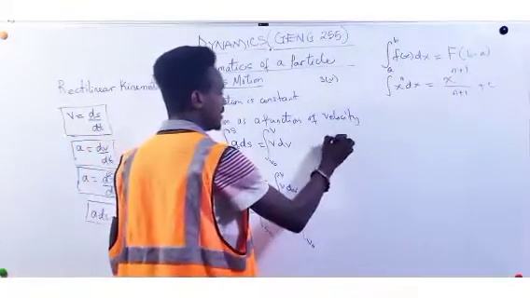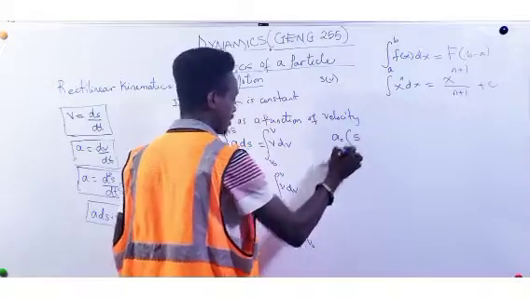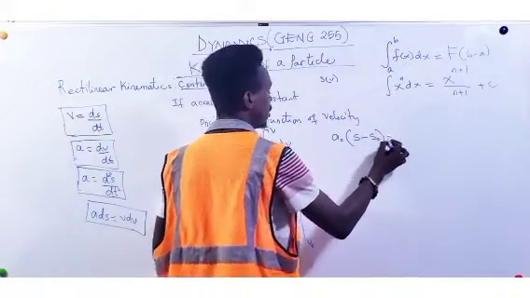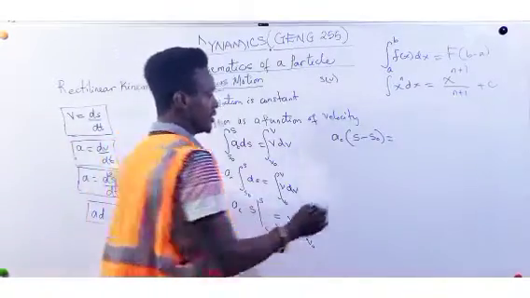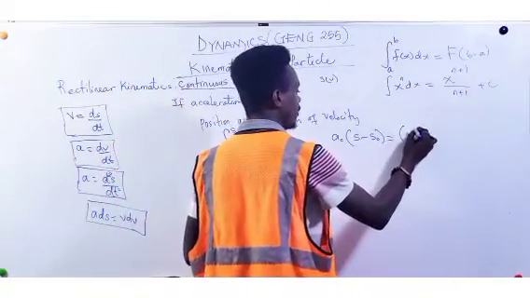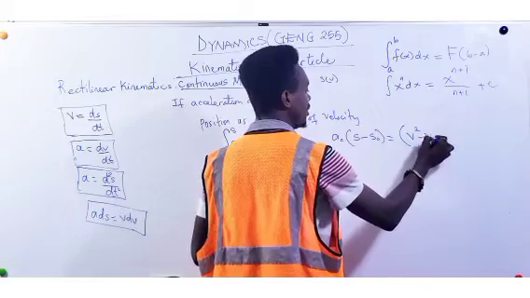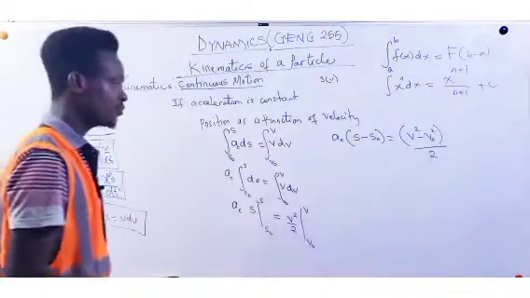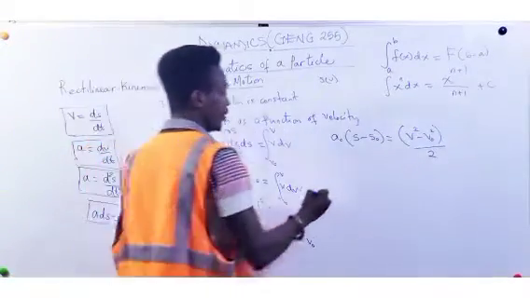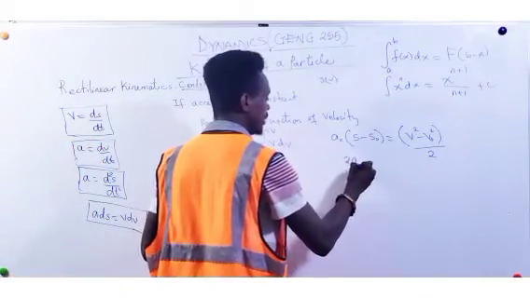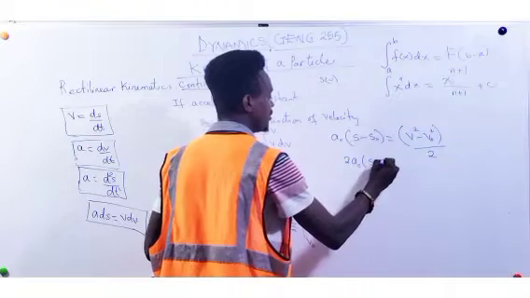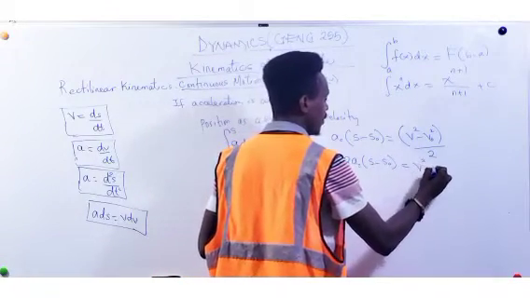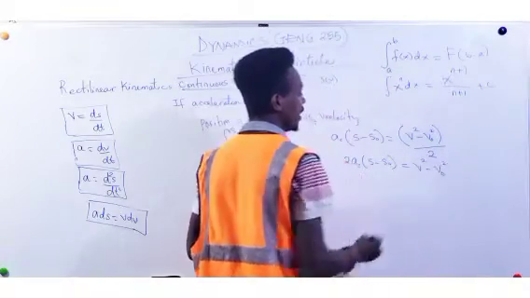So we have a_c multiplied by s minus s naught, equal to, and we do the same to this side, v squared minus v naught squared, all divided by 2. If we cross multiply, we'll have 2 a_c times s minus s naught is equal to v squared minus v naught squared.